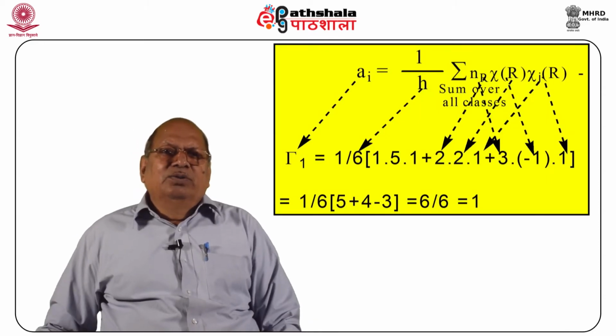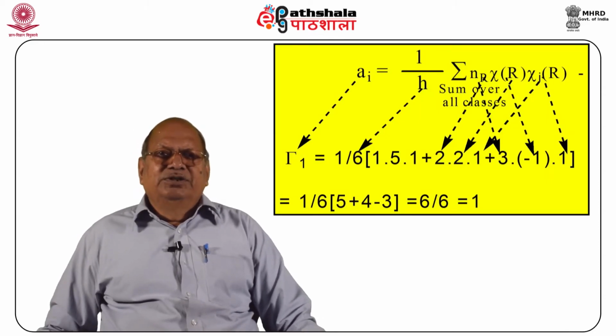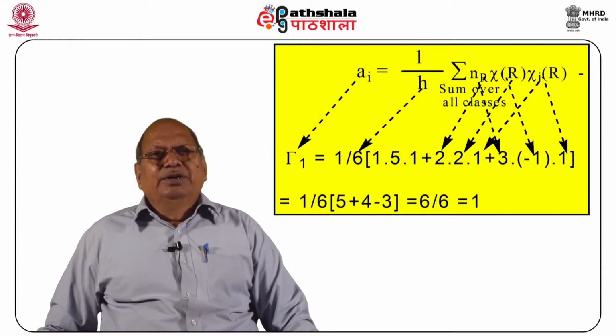The value of h here is the sum of all symmetry operations in the point group, that is 1 plus 2 plus 3, equal to 6. Let us try to find out a_i. Here a_i is for tau 1, that is, how many times tau 1 repeats. h is the order of the group, that is 6, and within the bracket we take the sum over all classes.